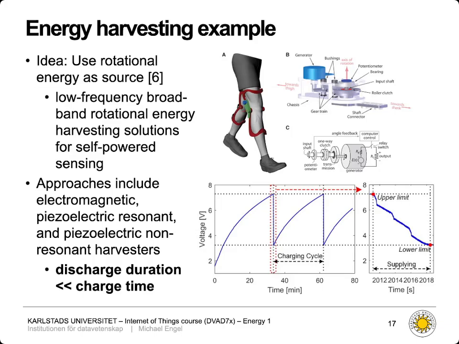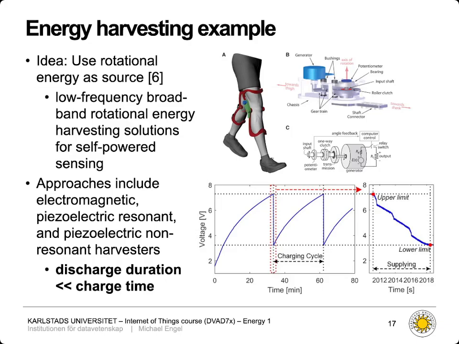Now, the interesting thing is, first you see the mechanical structure, which is quite complex, on the top picture, but the more interesting picture is actually the one on the lower side. If you look at the left part of the diagram, you see the charge cycles, and these are given in minutes, so more than half an hour is required to charge a device.